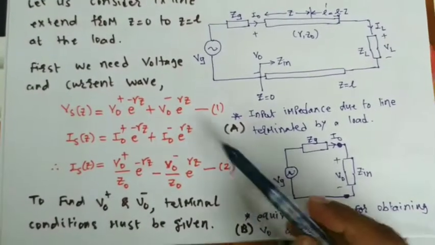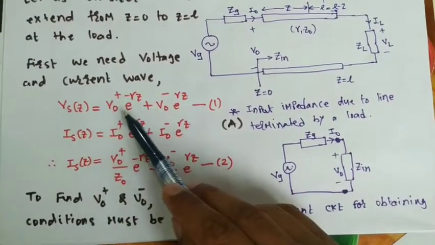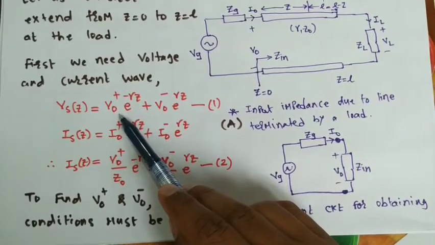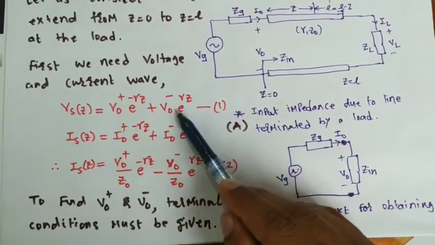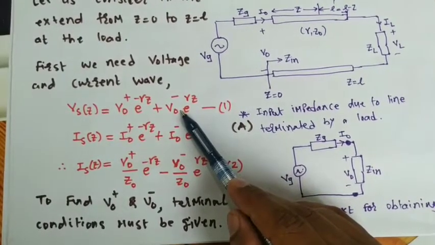We know that the phasor voltage Vs of Z has two components. One is the wave propagating in the plus Z direction, and the other is a wave propagating in the negative Z direction.